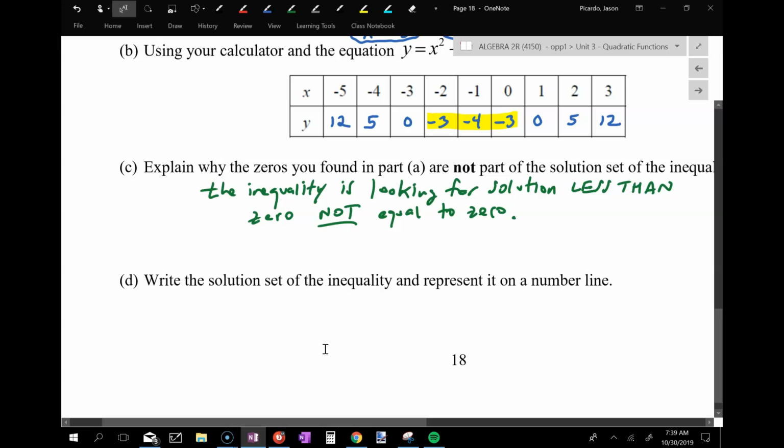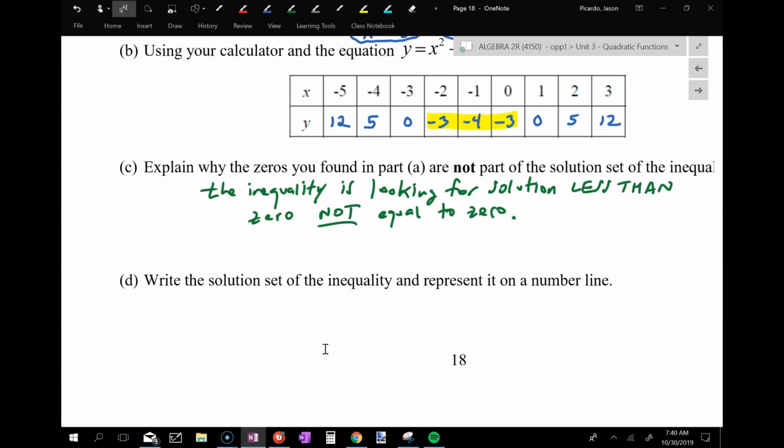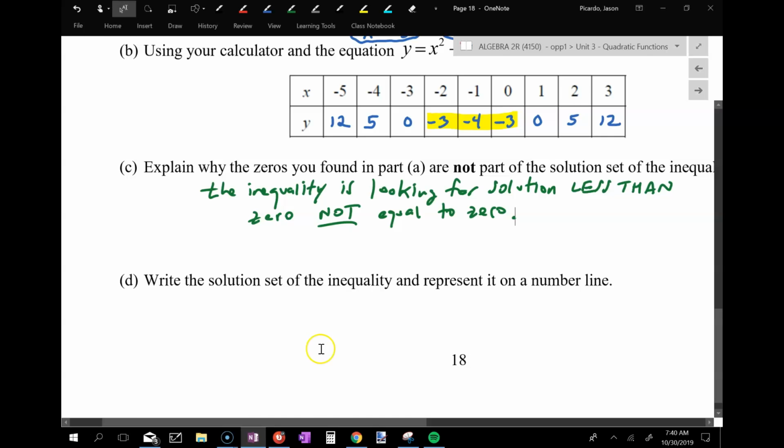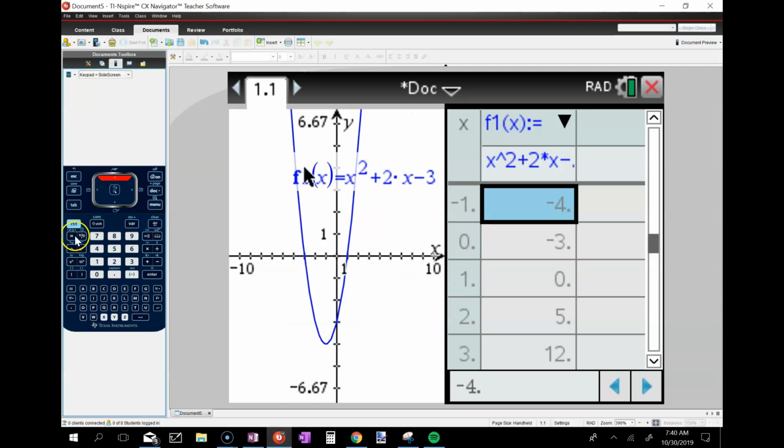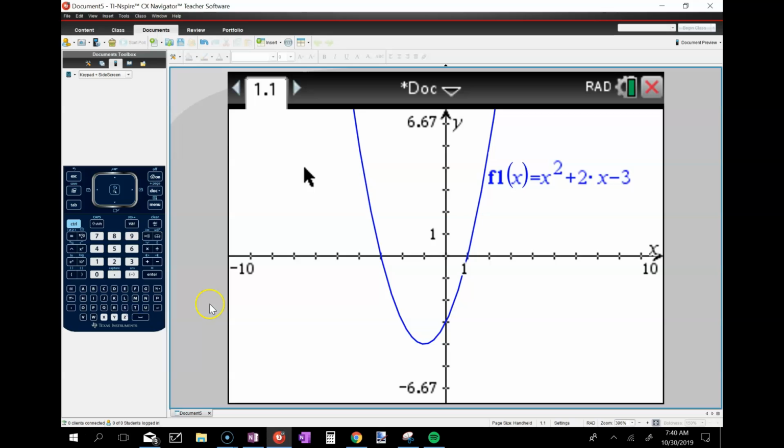All right, this is where I'm going to confuse some of you guys, right here. This is the confusing spot. I'm going to show you a visual, okay? And the good news is we've got it right here. We know what this value is, right? It's a root at -3, right?